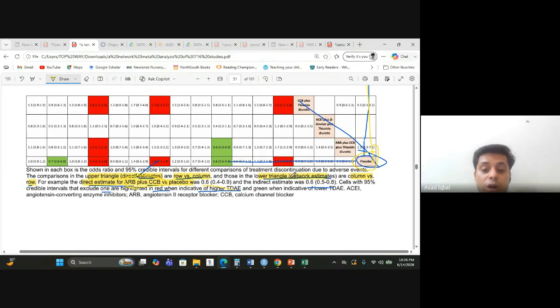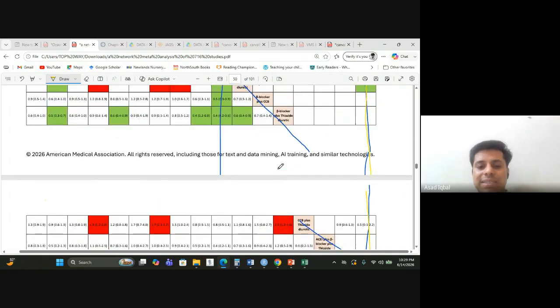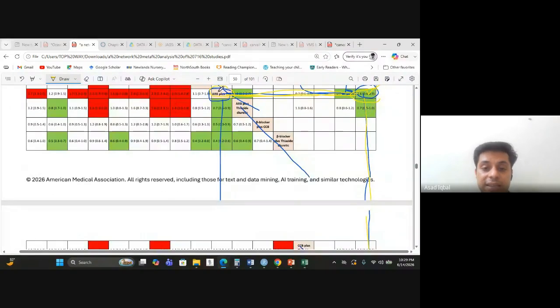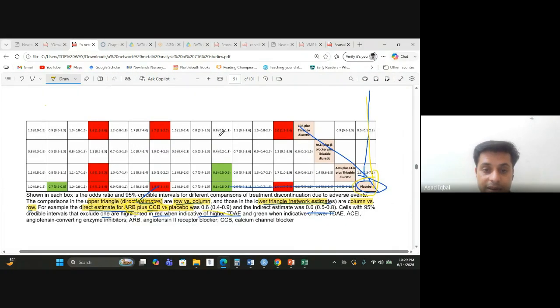Now for the lower triangle, which are the indirect estimates, I mean the whole estimates, the network estimates, you will do column versus the row. So the column of ARB plus calcium channel blocker, that's this column, and you will stop at the row of the thing you're comparing it to.